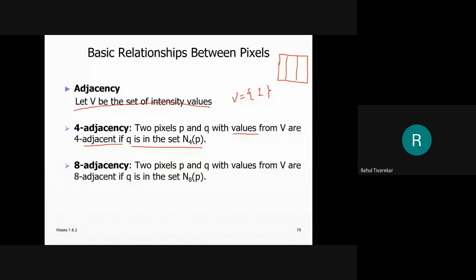So let me represent one image once again, of size 3 cross 3. This is the image. This is one pixel and this is one pixel. This is another pixel here. This is another pixel here. Another pixel.